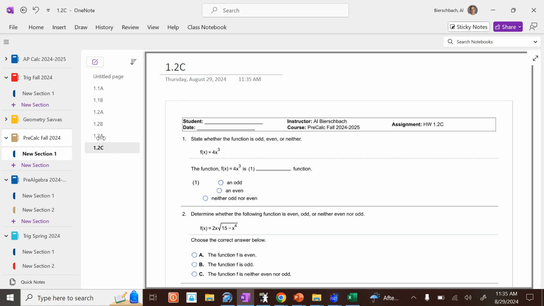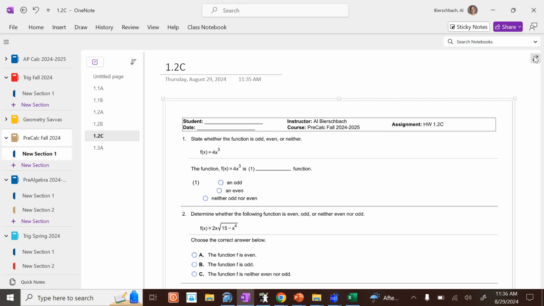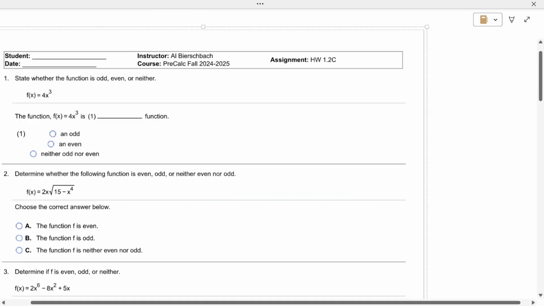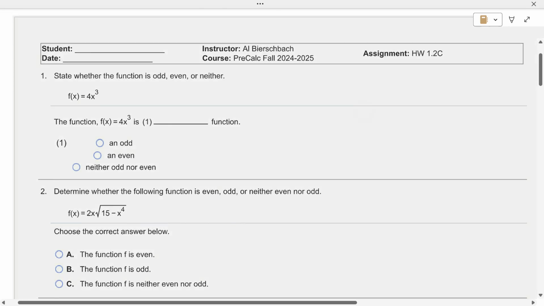So 1.2c is first. 1.2c, I've already talked about a little bit. It's odd and even functions, and some others, but odd and even functions.